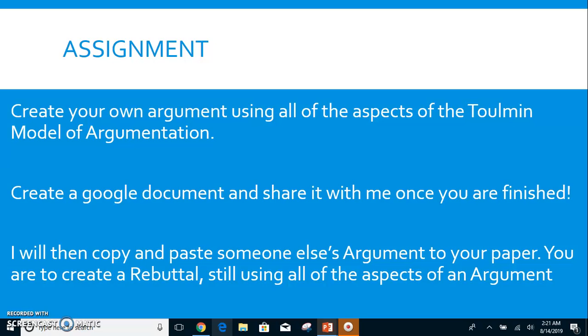Then share that document with me. I will copy and paste your argument to someone else's paper and vice versa, someone else's to yours. And you will then refute or rebuttal their argument by making a counter claim, by supporting counter data or grounds, and then supporting that argument or rebuttal with even more backing.